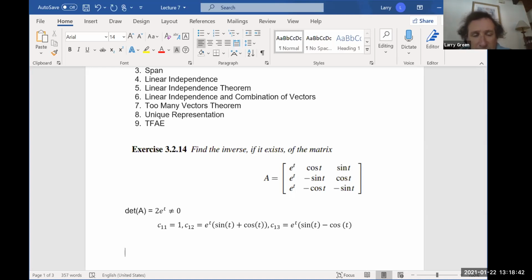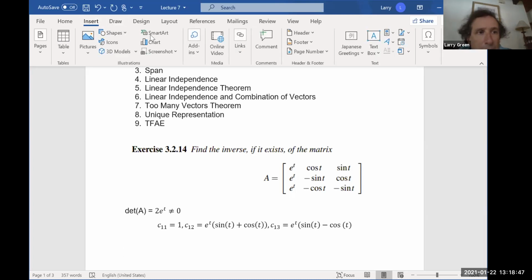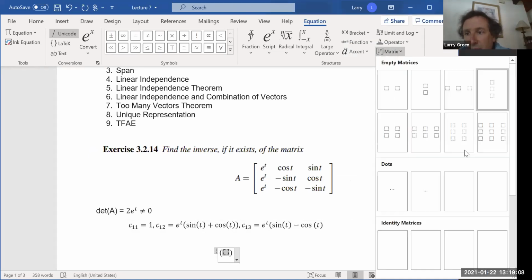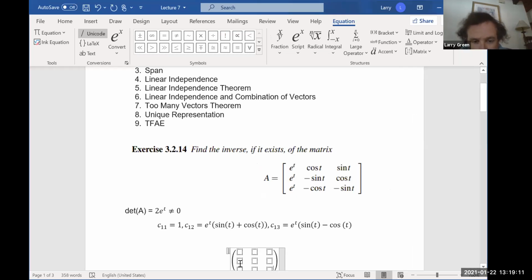Okay, so now what we can say is that A inverse is equal to 1 over the determinant, which is e to the negative t over 2.